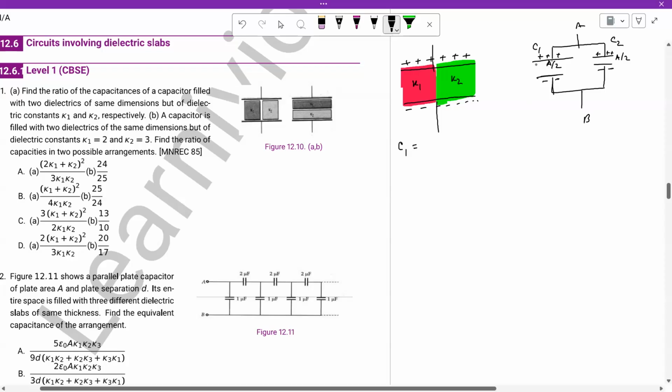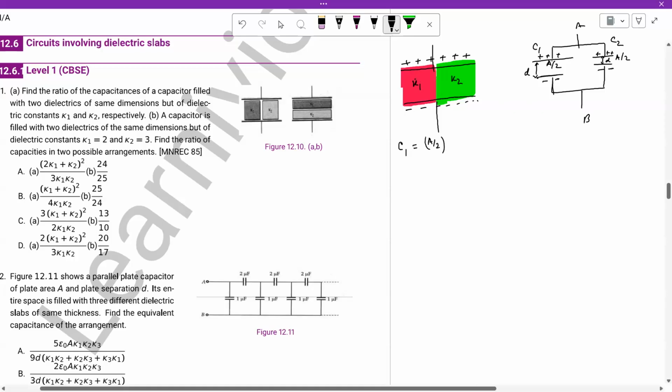Yes. And the distance is the same, right? So distance remains the same. So if I calculate C1, can you tell me what would be C1? A by 2, epsilon naught by D, something like that. Yeah, A by 2.